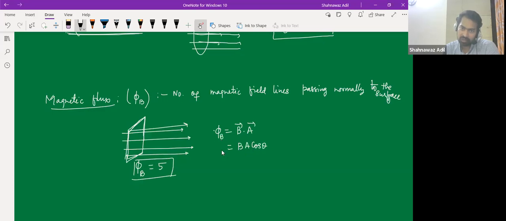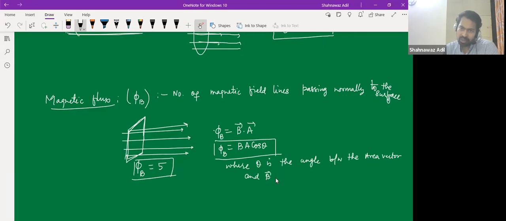Let me write it. Okay. So where theta is the angle between the area vector and the magnetic field.